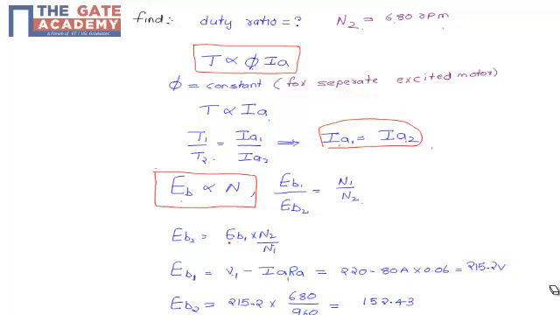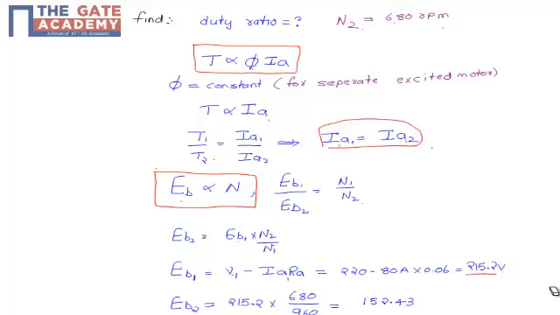First we have to find the value of back EMF 1. For a motor, EB1 is equal to V1 minus Ia1 RA, which is the input voltage VDC 220 volts minus Ia1, armature current 80 amps, into armature resistance 0.06. We get 215.2 volts, that is back EMF 1.